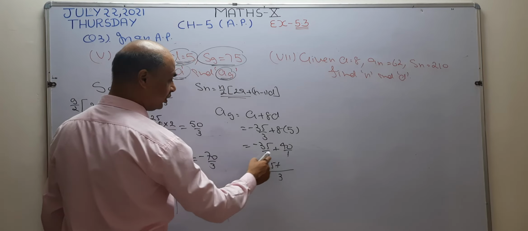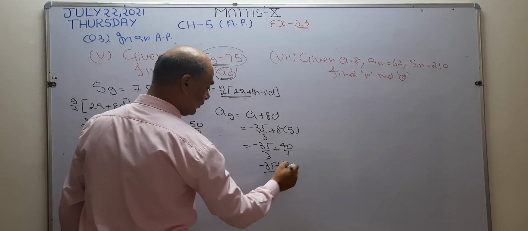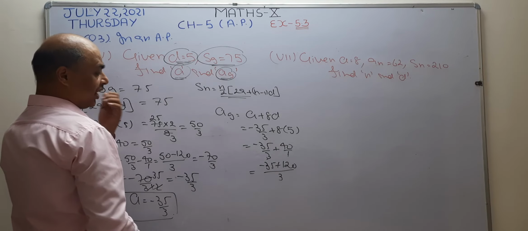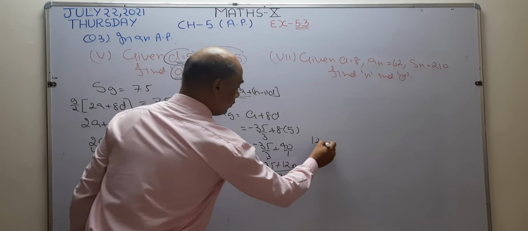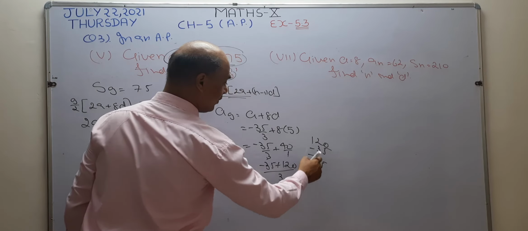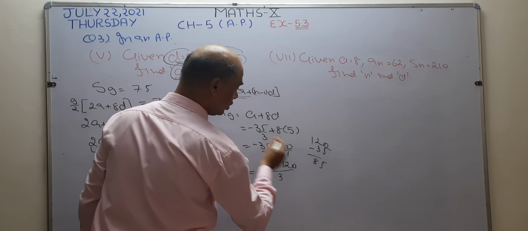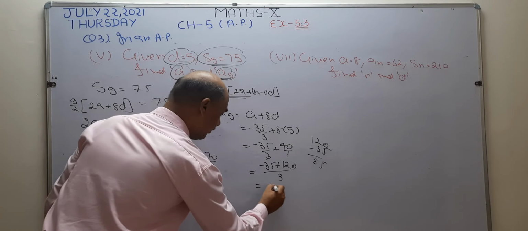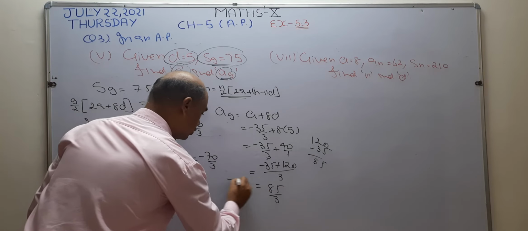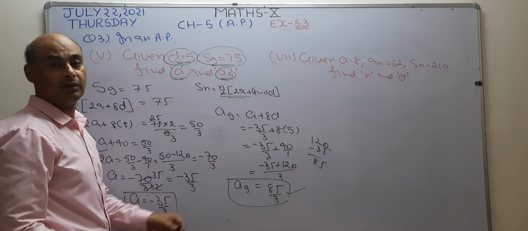Now 1 is there, so this LCM is going to multiply 40. So this becomes 120. Now subtract 35 from 120. 10 minus 5 is 5. 11 minus 3 becomes 8. So this becomes 85 by 3. So the ninth term of an AP becomes 85 by 3. This is the answer to this question.